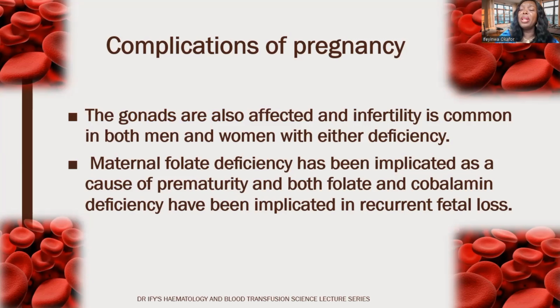So it can cause complications like miscarriages in pregnancy, and also it can induce infertility because the gonads are affected. So infertility in male and female can also be traced to deficiency of these important vitamins, B12 and folic acid, because they are needed in DNA synthesis.